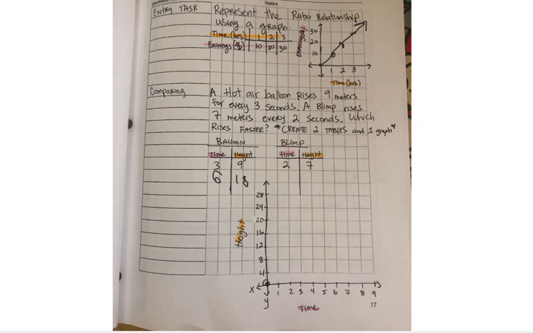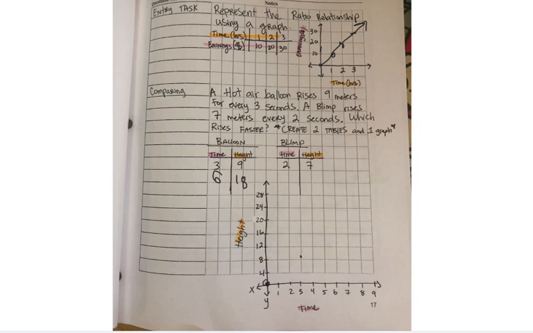I swear that's an 18. Let me do that again. It's hard on a computer. 6, 18. So now we have 2 points. We have 3, 9, so here's 3, and 9 is just a little bit on top of 8, which would be about right there. It's okay to estimate. And then you have 6, 18.